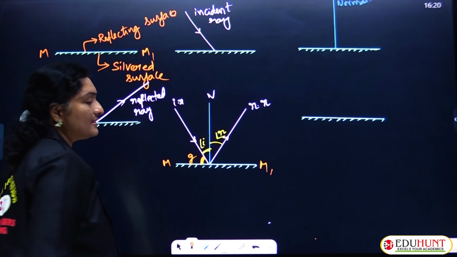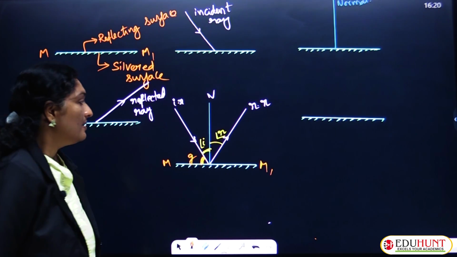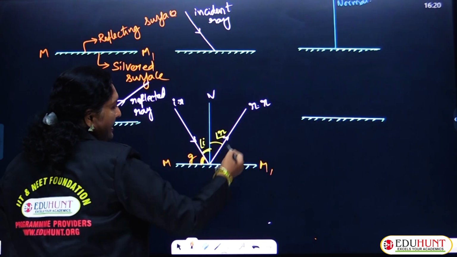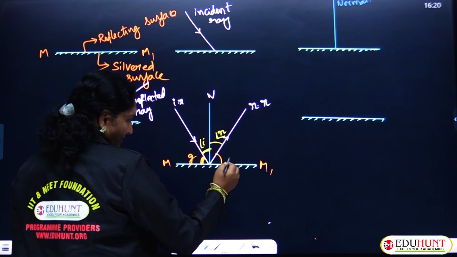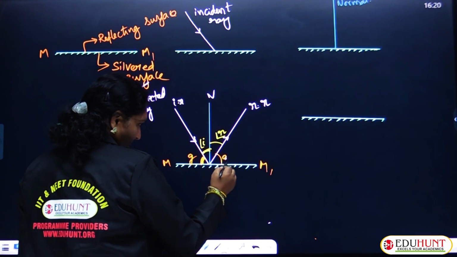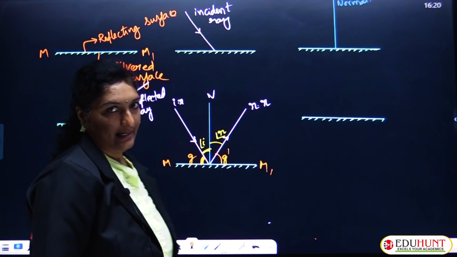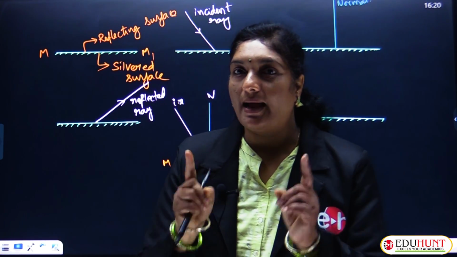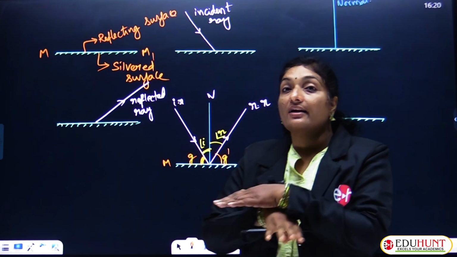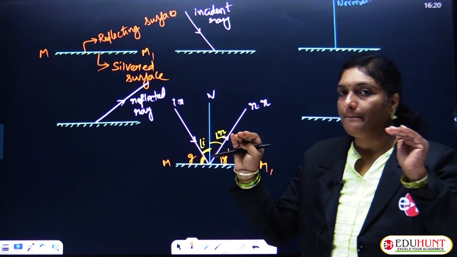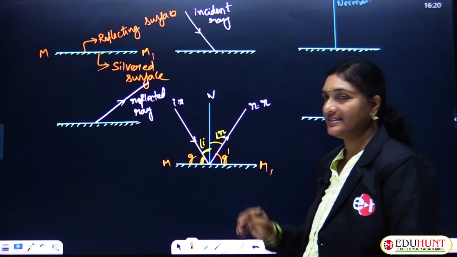What is this called? Glazing angle. Here also, the angle made by the reflected ray with the surface of the mirror is called the glazing angle. The angle made by the incident or reflected light ray with the surface of the mirror is called a glazing angle.